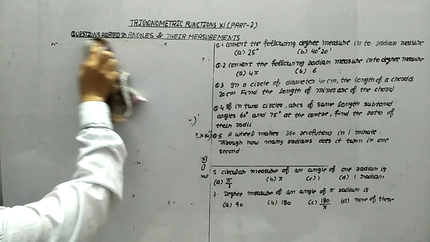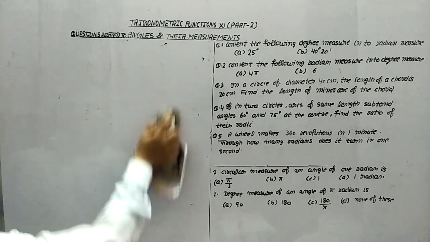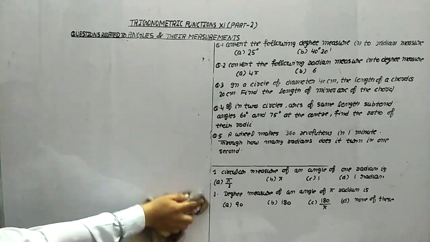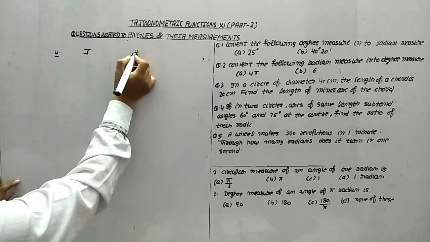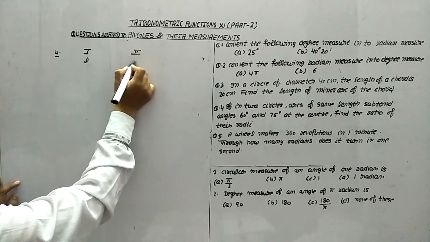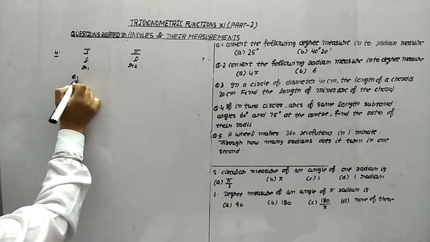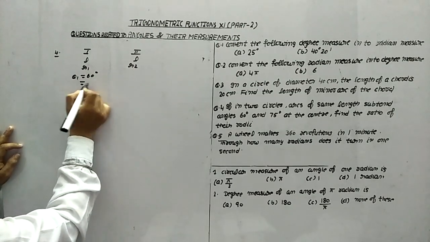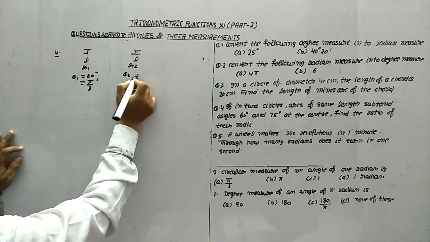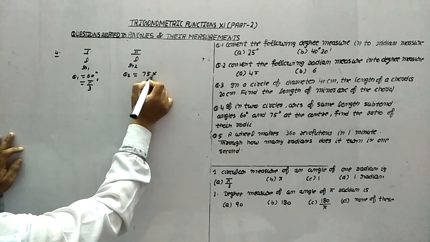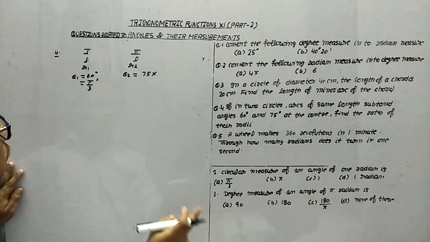Now in question number 4, we have two circles in which we have the same arc length. Let us suppose this is the first circle, this is the second circle, arc length same. Let us suppose their radii be R1 and R2, and here theta 1 is given 60 degrees. 60 degrees means pi upon 3 radian, and theta 2 we will have 75 degrees.